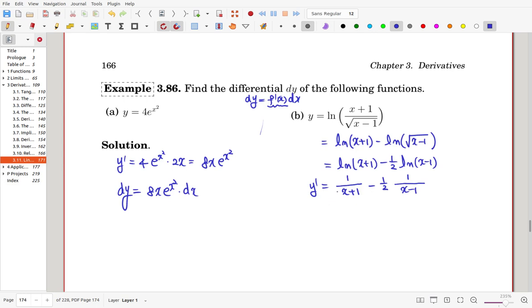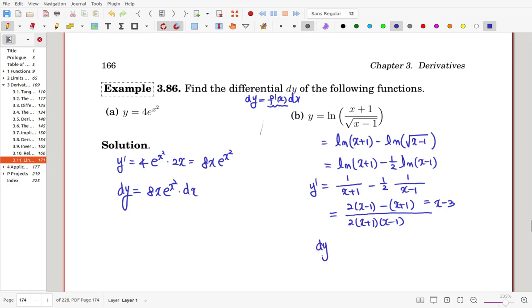So you can combine in this way, for example, if you make the common bottom, that is 2(x plus 1)(x minus 1), then the first portion must be 2(x minus 1), and the second portion must be (x plus 1), right? So the numerator becomes 2x minus x is x, now minus 2 minus 1 is minus 3. Okay, so we found the derivative.